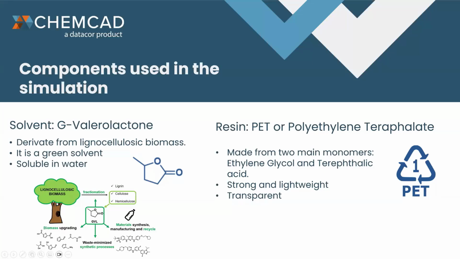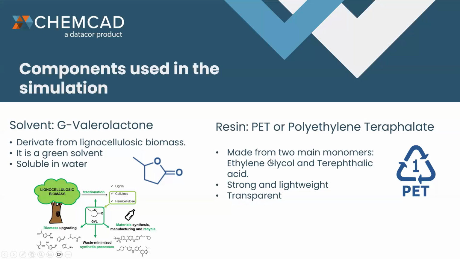The other component included in the simulation, and one of the most important components, is the resin, the PET. The PET consists of a repeated chain of hydrocarbons. The component was created in CHEMCAD using the UNIFAC group contribution correlation to predict some of the properties.